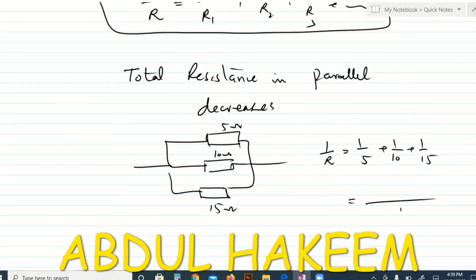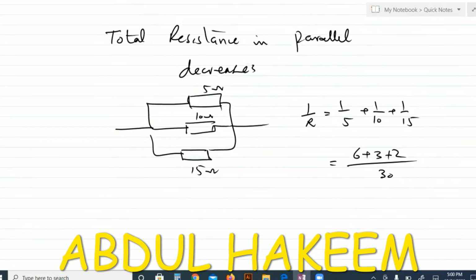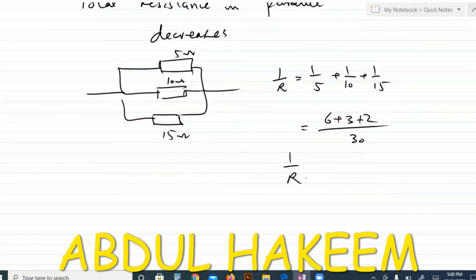So the LCM is 30, not 15, 30. So 5 goes 6, 10 goes 3, 15 goes 2. So this 1 over R becomes 6 plus 3 plus 2, mean 11, divided by 30. So the resistance becomes 30 by 11, which is 2.7 ohm.